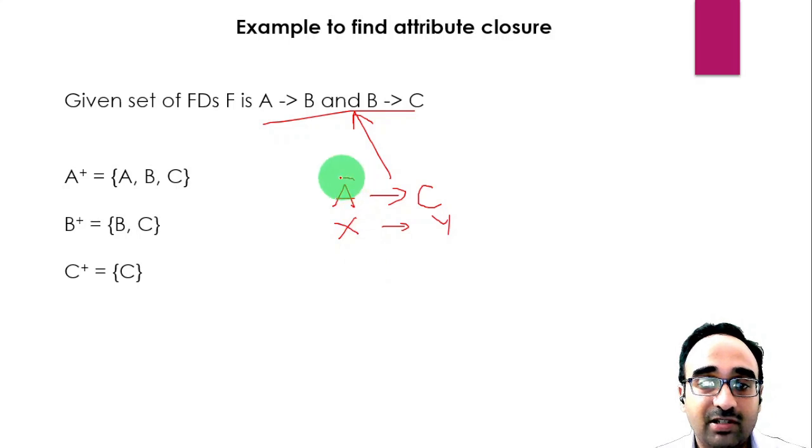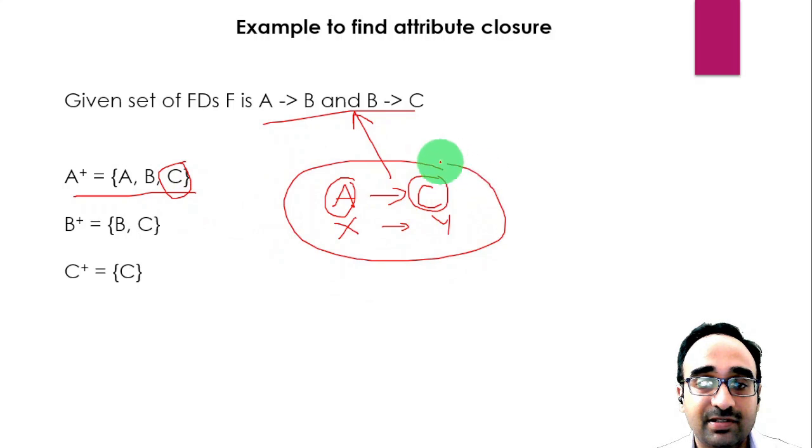So find the attribute closure of A. So it is already given here, and I already showed you how to do this, right? Now, does this include this right hand side? Yes. A closure contains C. So you can say that this FD is implied by this FD set.